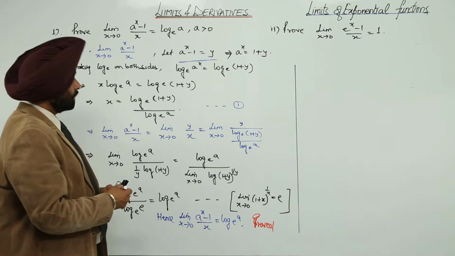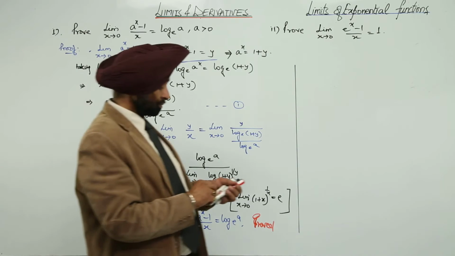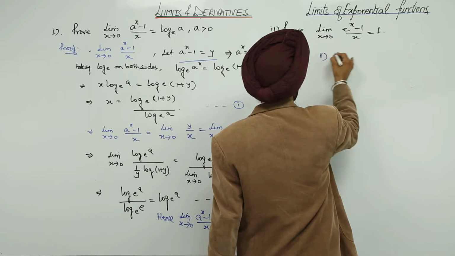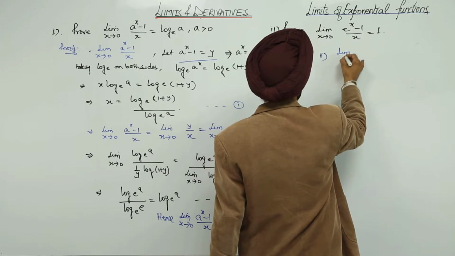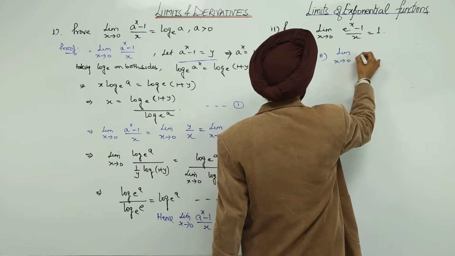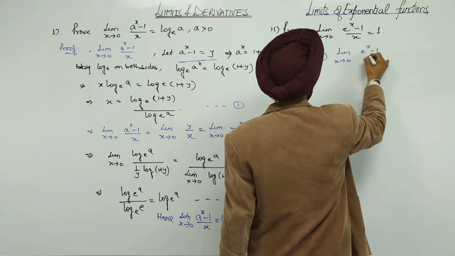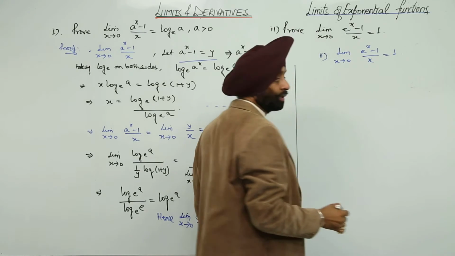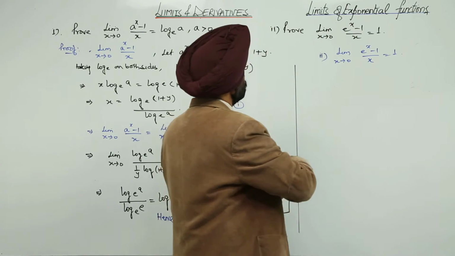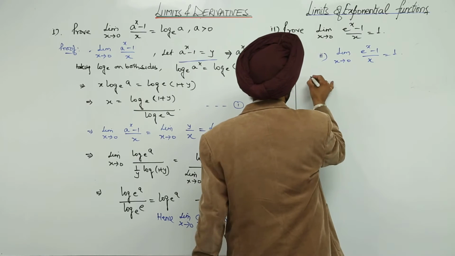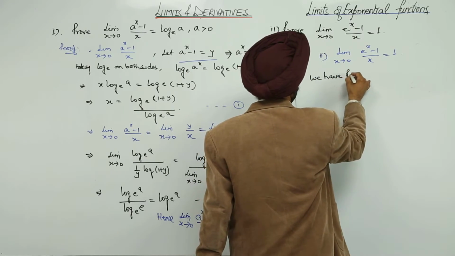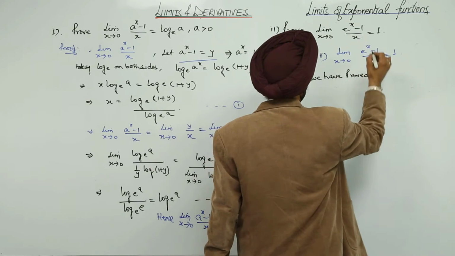Proved. Now, for the second part, limit x approaches 0, (e raised to power x minus 1) upon x is equal to 1. Okay. Now, what have we proved?